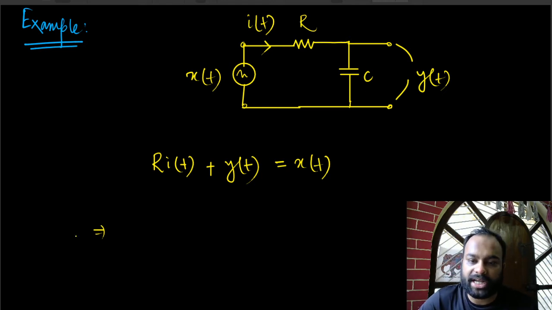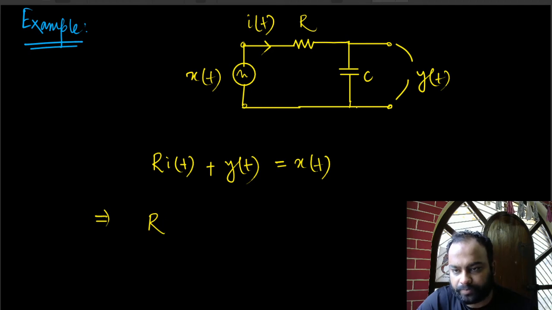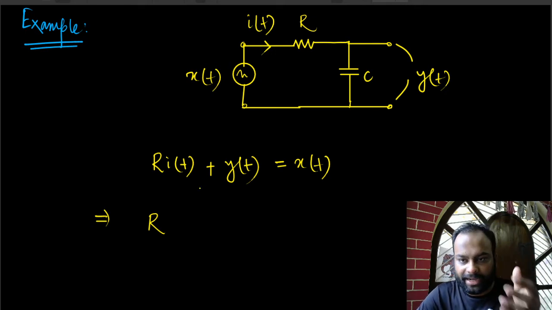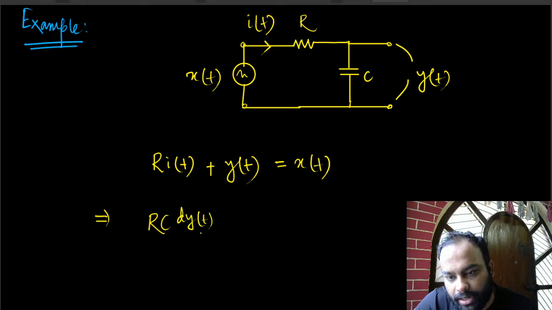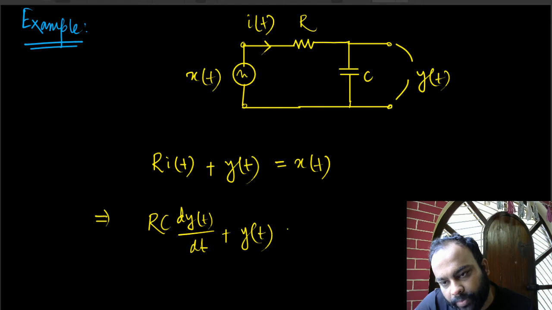We know the voltage-current relationship of a capacitor, given as i equals C dV/dt. So the voltage across the capacitor is differentiated and multiplied with C. We did this and cleared things up properly in the last class. So i is just C dy(t)/dt, and RC dy(t)/dt plus y(t) equals x(t).